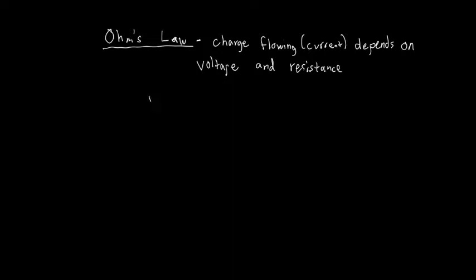So we can write an equation where V, the voltage inside of a circuit, is equal to the current times the resistance. V is voltage measured in volts. I is current measured in amps.